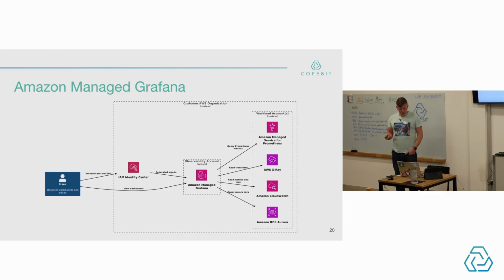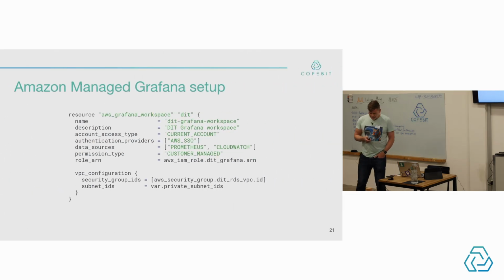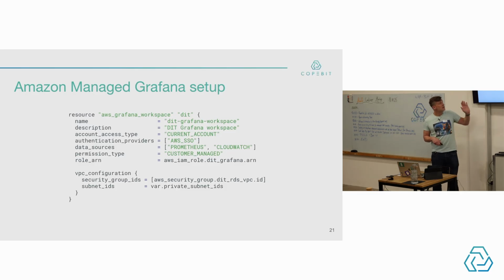And that's also another thing that's quite easy to set up in Terraform. So if you want to do authentication via IAM Identity Center, it's really not tricky. A couple of lines of tofu and you have it set up.